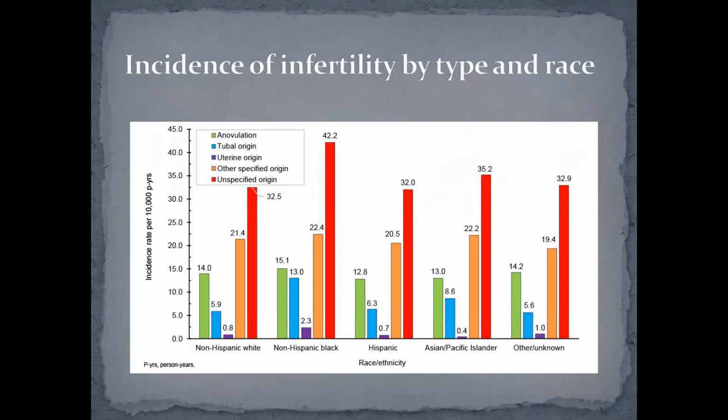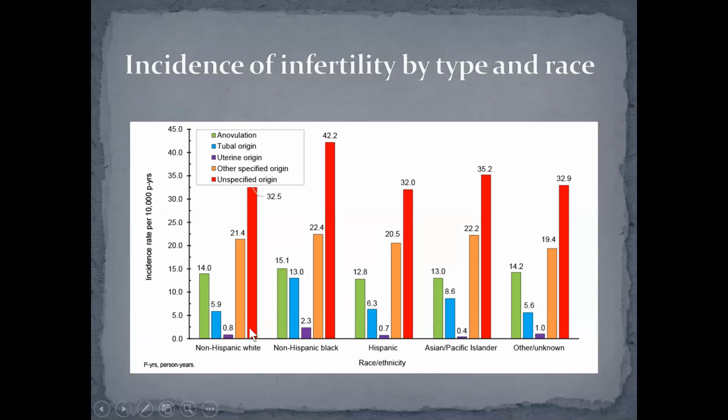Let's have a look at the incidence of infertility by type and race. On this table, we see the main causes of infertility and the distribution of these causes among different races and their incidence.